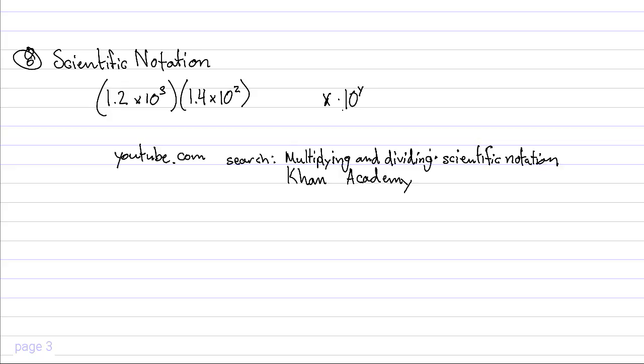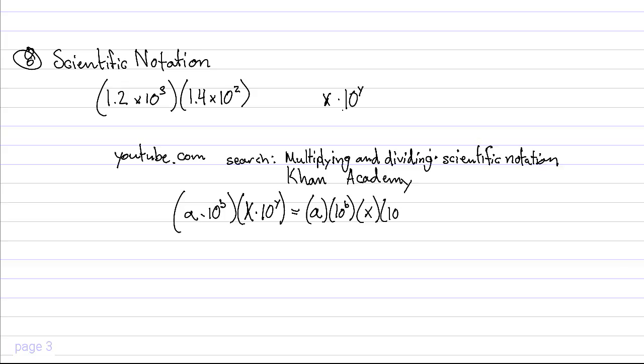And a rule we have for that is, let's say we have a times 10 to the b, right, times x times 10 to the y, and that's equal to a, right, 10 to the b, x 10 to the y, which is also equal to a times x times 10 to the b 10 to the y, right?